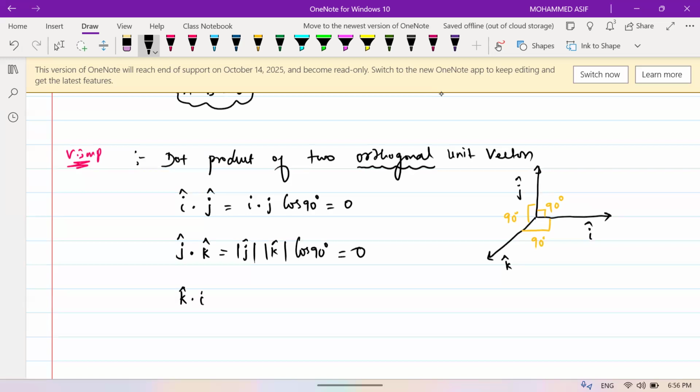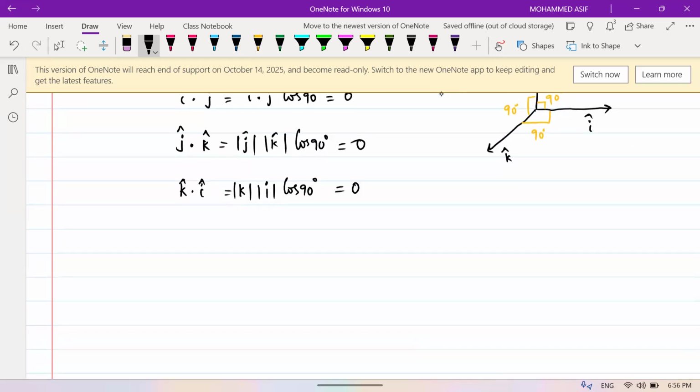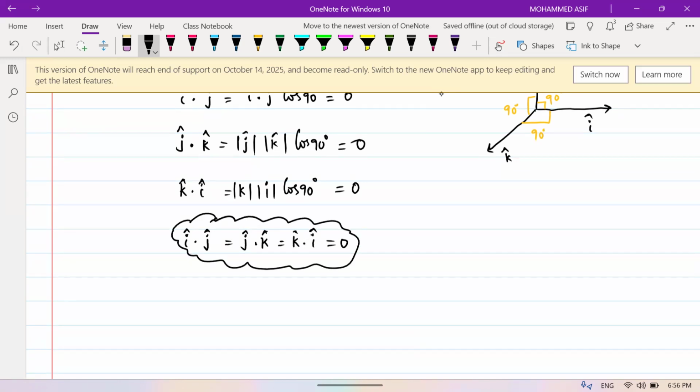K cap dot I cap is also equal to how much for me? Mod of k mod of I into cos 90. That is also 0. One thing is very clear: whenever I'm talking about two unit vectors, I cap dot j cap equals j cap dot k cap equals k cap dot I cap, that is always equal to how much for me? 0. Am I clear?